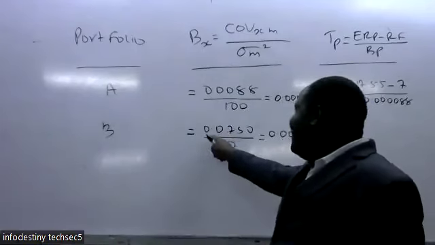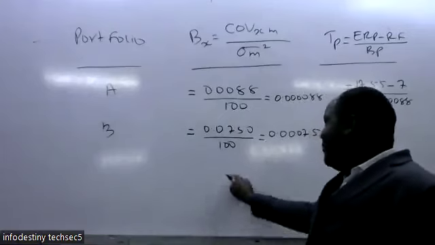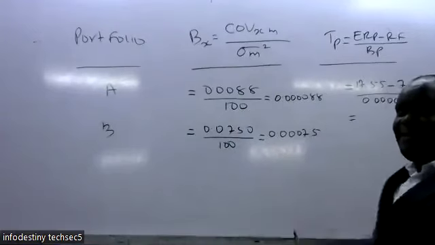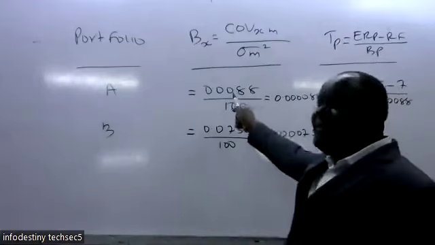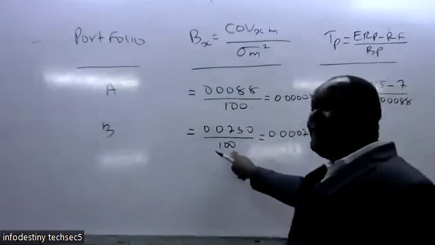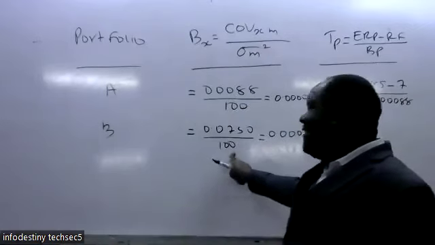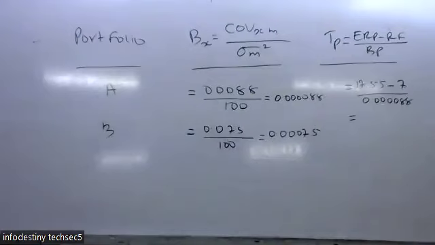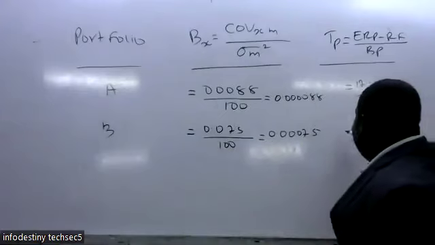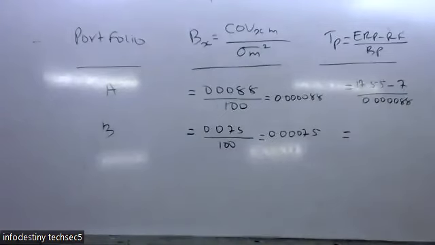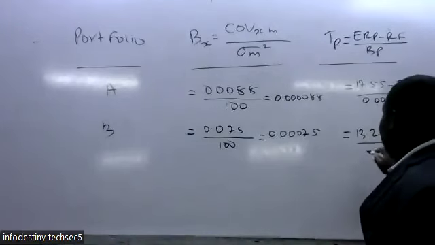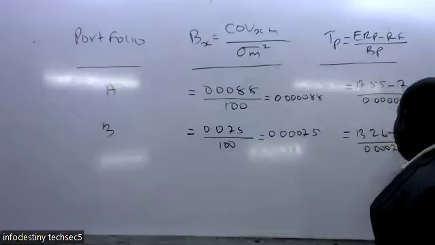This one is 0.075, so divide by 100. So anyway, we come to this point whereby the expected return for the portfolio was 13.26 minus 7 divided by 0.007.